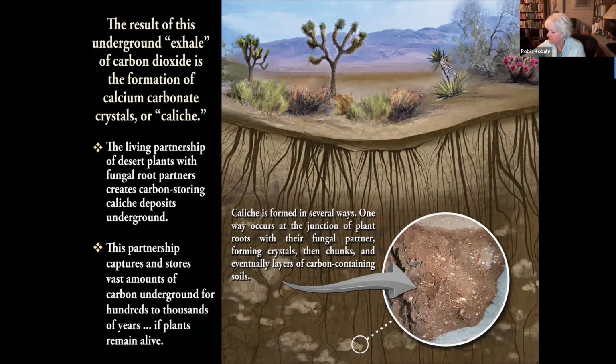I have a chunk of, let me see if I can get this up to where you can see it. Okay, I hope you can see that. So this is a chunk of caliche, and you can see it's kind of like cement. This piece was at the surface when we dug it up, so you can see how flat it is here.